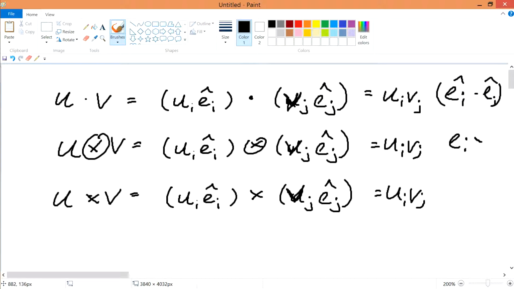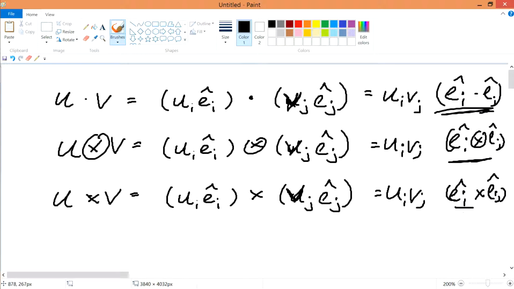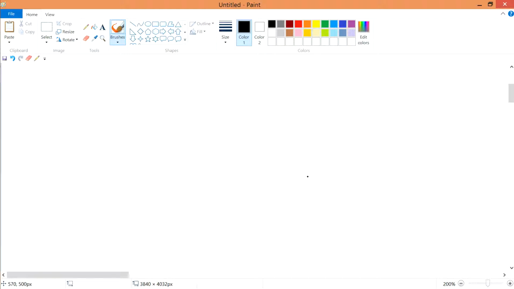Right, as you can see what I'm writing right now, the trends are all the same, and the key player is actually the basis vector.